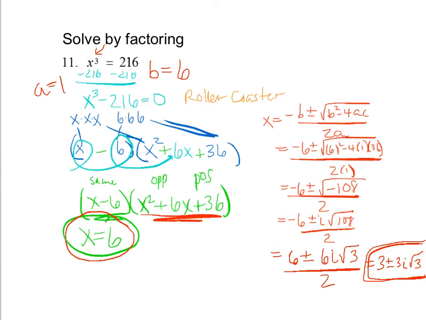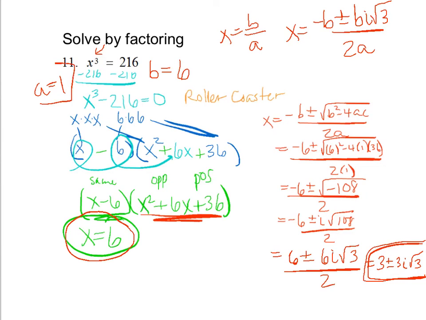For difference of cubes, it would have been x equals b over a, and x equals negative b plus or minus bi radical 3 over 2a. So you could also plug a equals 1 and b equals 6 into those equations, but I think most of you actually preferred going through and doing the quadratic formula here.